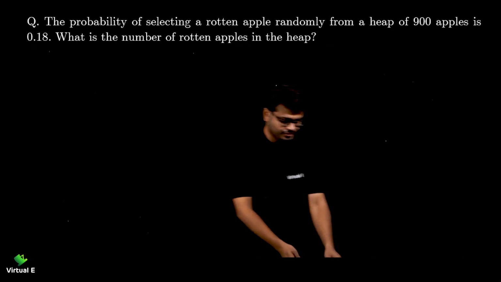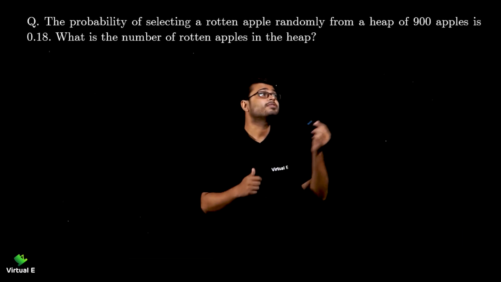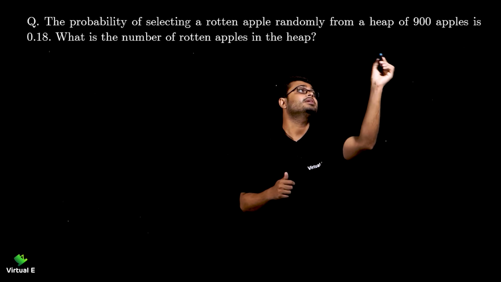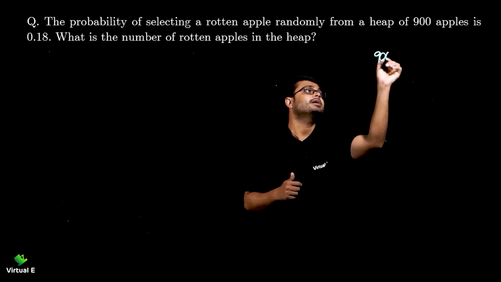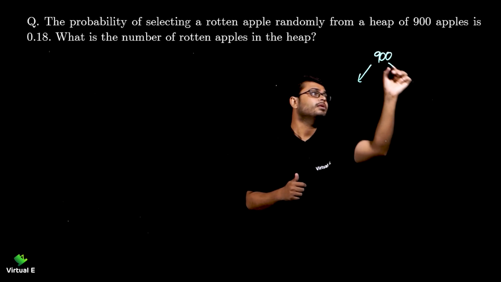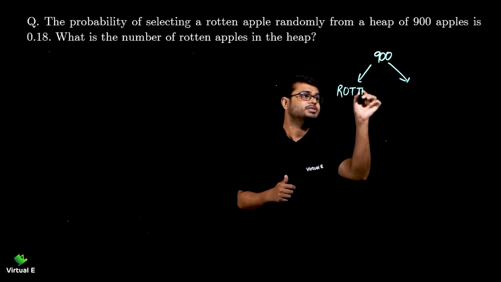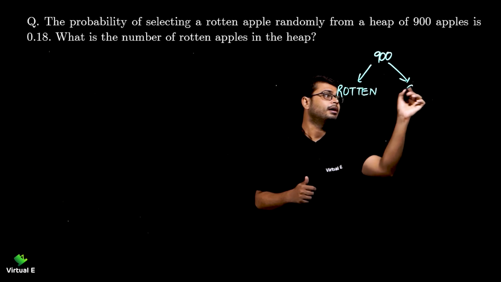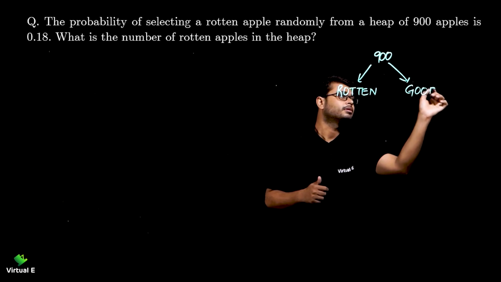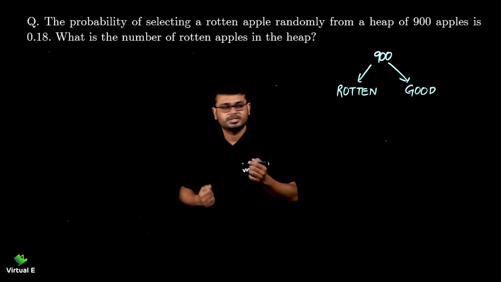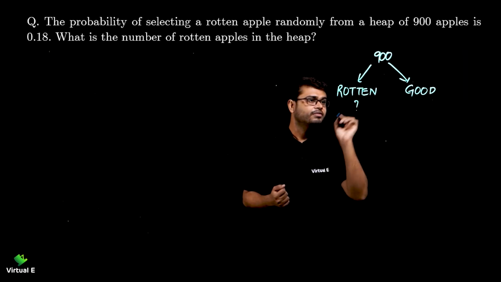Okay, very interesting. So first of all, just for the purpose of understanding, let's write over here that 900 apples are there. Let's say these are rotten and these are good, right? It can be divided into two parts. We want to find the number of rotten apples.